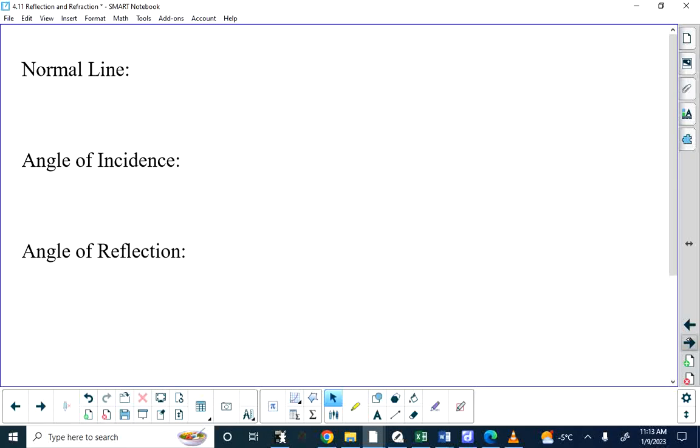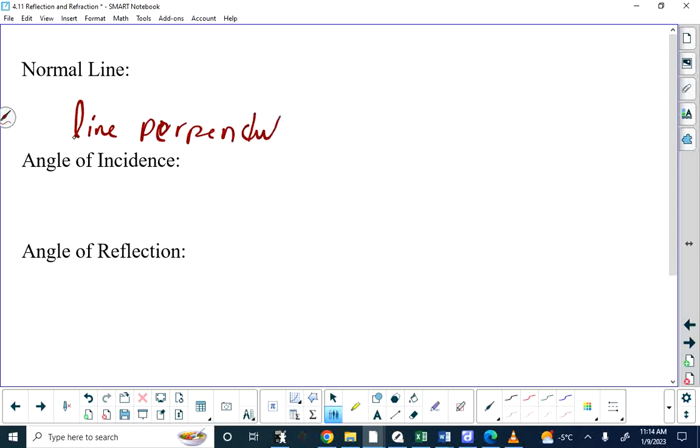Normal line, angle of incidence, angle of reflection. What a normal line is, and this should be no surprise to you, a normal force is a force perpendicular to the surface. A normal line is a line perpendicular to the surface.